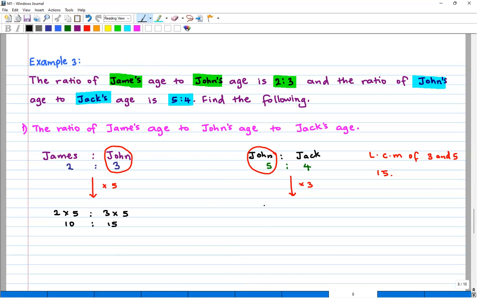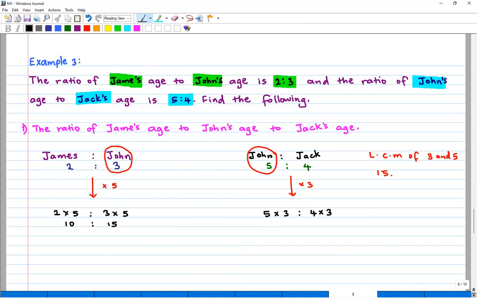Then, on the other hand, this ratio 5 to 4 will become 5 times 3 to 4 times 3.